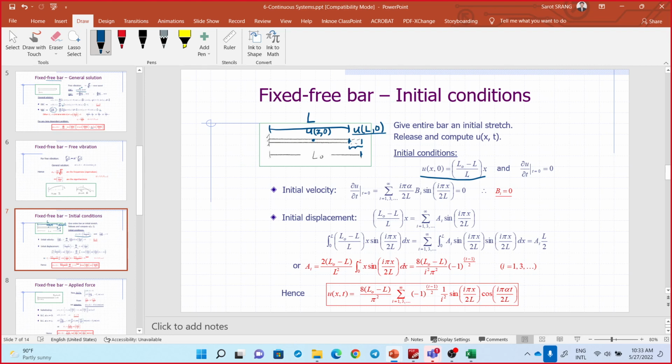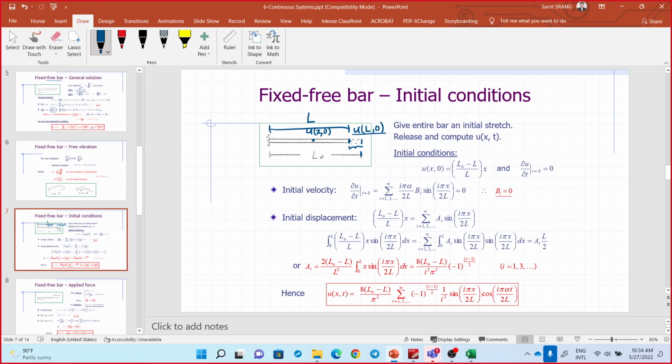So the initial condition for displacement for any value h is expressed by this. And the time derivative of the displacement at time zero is zero, because when we pull it up to this point there's no velocity.